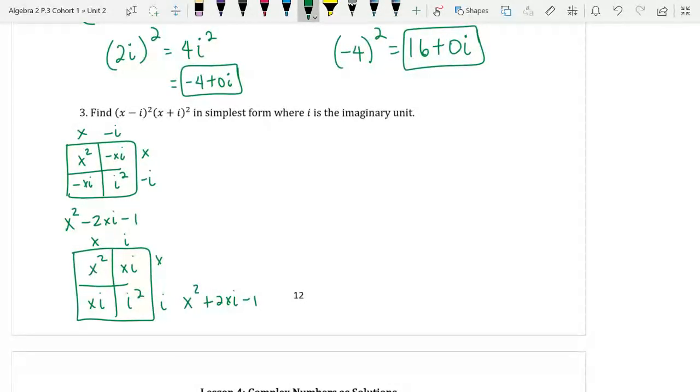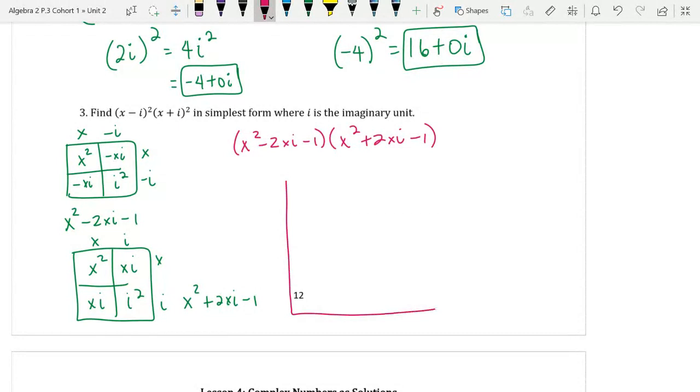So I have the two expressions that I now have to multiply. I have to take x squared minus 2xi minus 1 and multiply it by x squared plus 2xi minus 1. So I need to make a bigger box here, because I have a 3 by 3 to multiply.